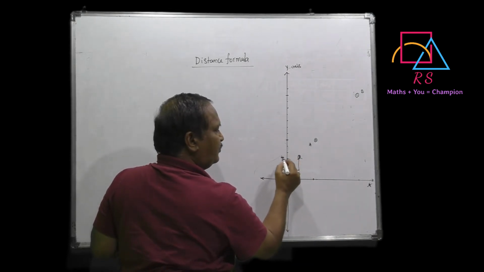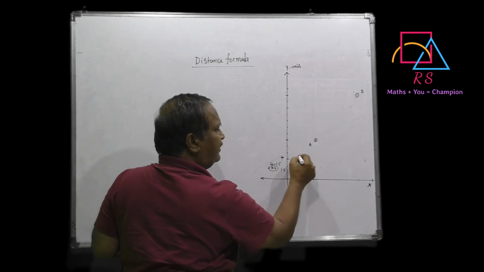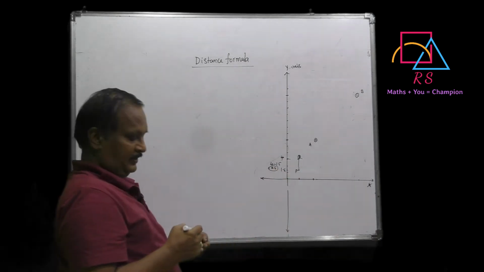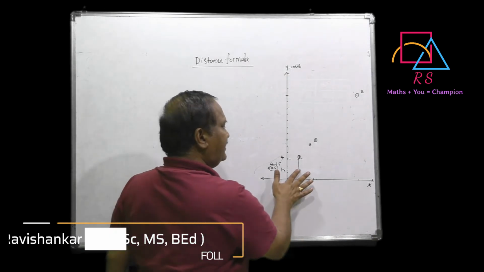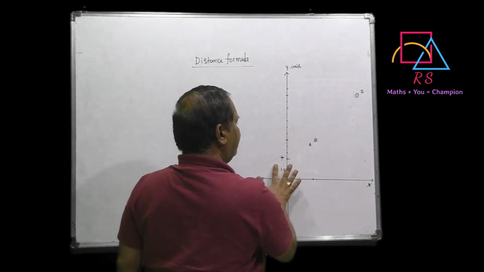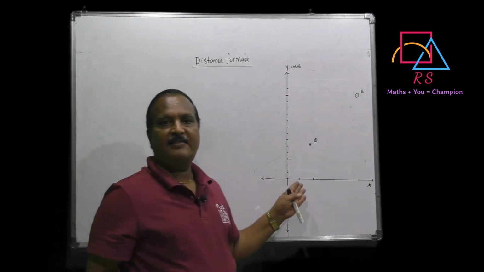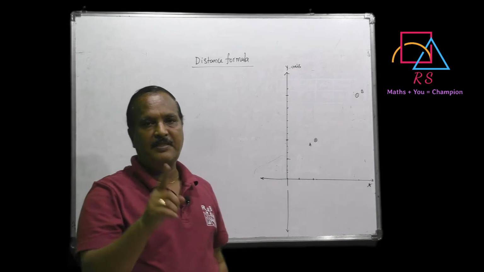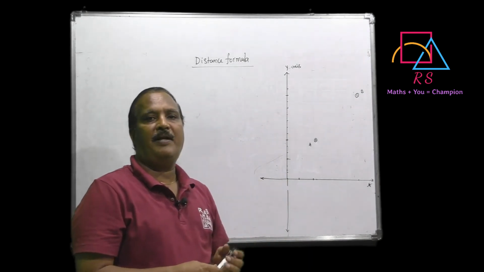So this is 4 and this is 1.5. So 4 minus 1.5, which is equal to 2.5, is the length of PQ. So when there is a vertical distance or a horizontal distance, it is very simple. You can directly measure from the x-axis and y-axis. Remember that the x-axis is a number line, the y-axis is also a number line.